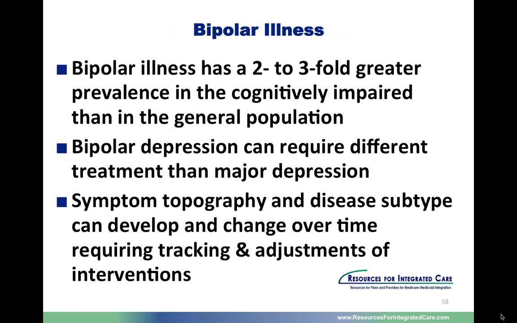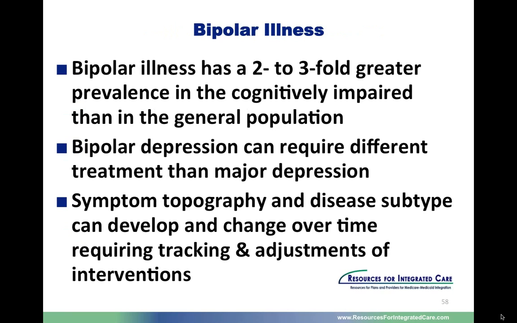So the symptom topography and the disease subtype can develop and change over time. As a matter of fact, most people who have bipolar illness as a diagnosis have 3 different diagnoses before they receive the diagnosis of bipolar illness, because their symptoms are morphing and changing, especially as young adults.